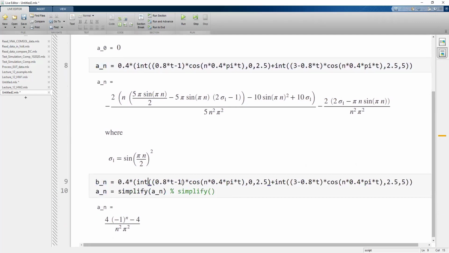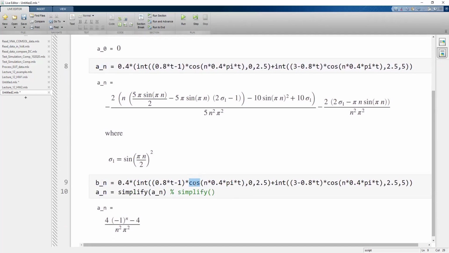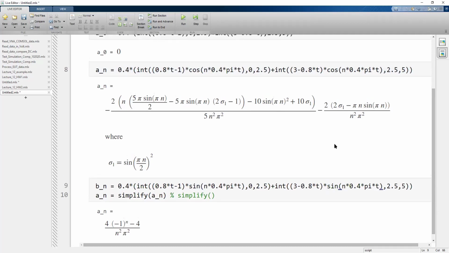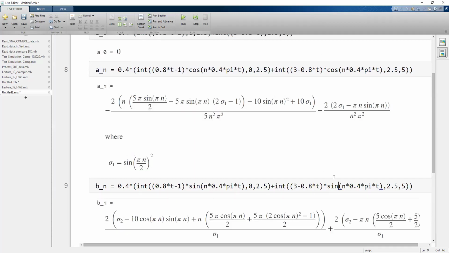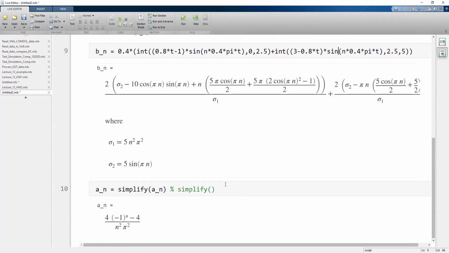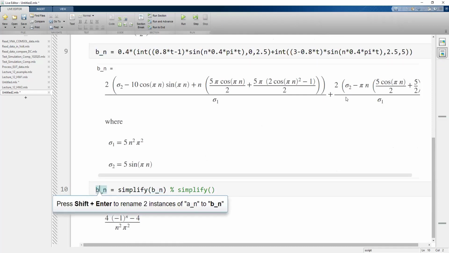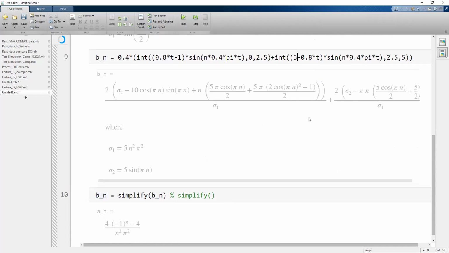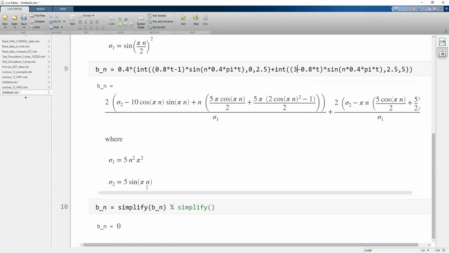For your Bn, you just replace all the cosines by sines. Let's give it a shot. Oops, your Bn is not 0. Let me try to simplify this Bn. Yep, then you see your Bn is always 0, right?